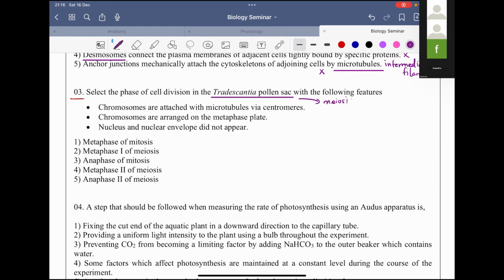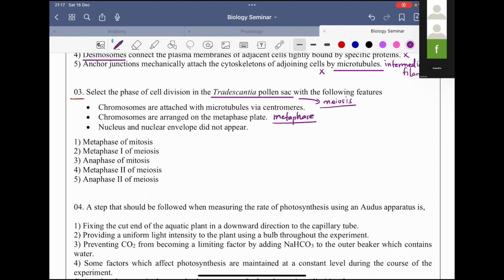But here they didn't tell anything like that. They just told you chromosomes are attached with microtubules via centromere. That confirms this is meiosis 2. So this phase is metaphase 2 of meiosis. This is the way you can find this one.